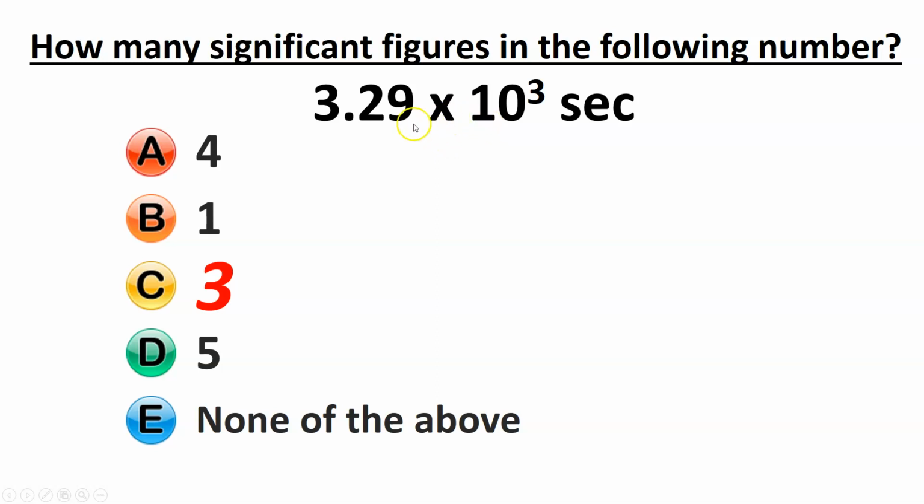If I were to expand this number and move my decimal 3 times, any zeros at the end end up being not significant because they're trailing zeros. So we can use significant figures and scientific notation all in one problem because we understand that the numbers in front are the ones that are significant. The times 10 to the exponent we don't care about when we're trying to count our significant figures.